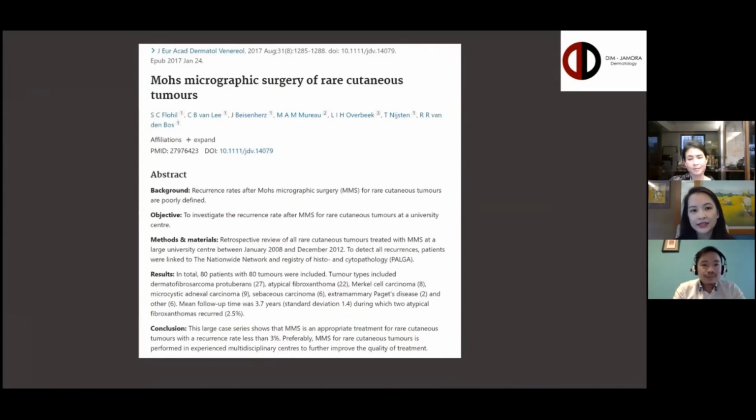In this paper published in the JEADV, they saw that although you get a lot of basal cell carcinoma and squamous cell carcinoma, these rare tumors, which include DFSP, atypical fibroxanthoma, Merkel cell carcinoma, MAC, sebaceous carcinoma, and extramammary Paget's, only compose 3% of the patients treated using Mohs micrographic surgery. And they emphasize the use of multidisciplinary teams to treat these patients.